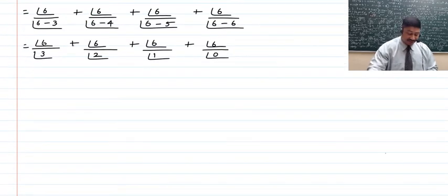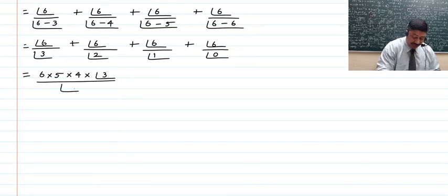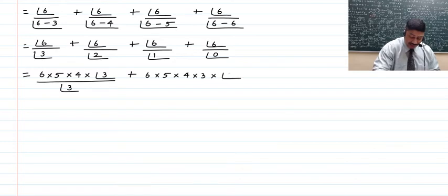Now next children, after this, when we are to calculate this like we calculated earlier, this will become 6 into 5 into 4 into factorial 3, and in the denominator we have factorial 3. To that is to be added 6 into 5 into 4 into 3 into factorial 2 divided by factorial 2.